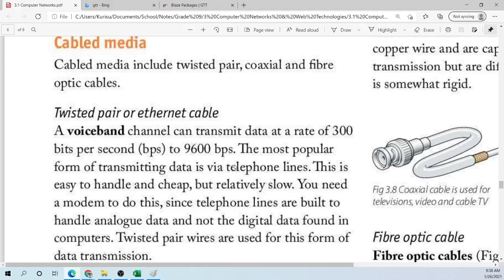So on your house you will have a gray box. You're going to have a black cable coming to your house, and that black cable is connected to a gray box. Everyone know what I'm talking about?